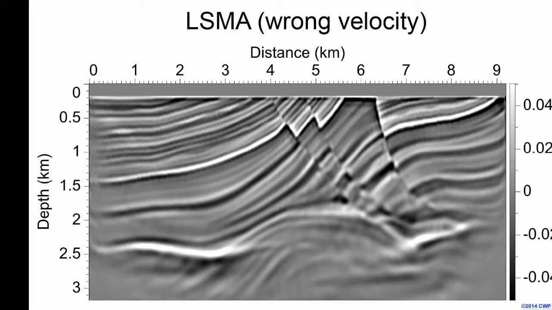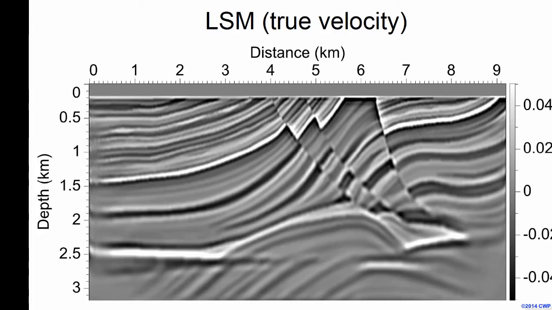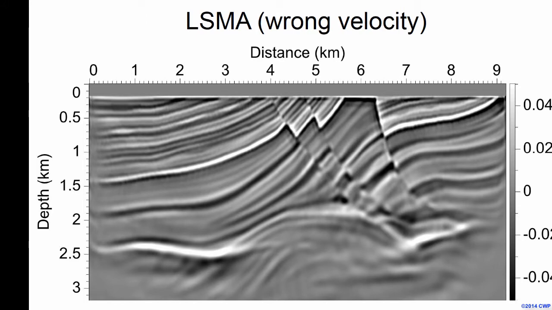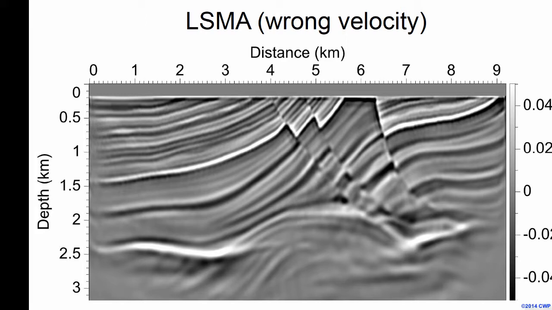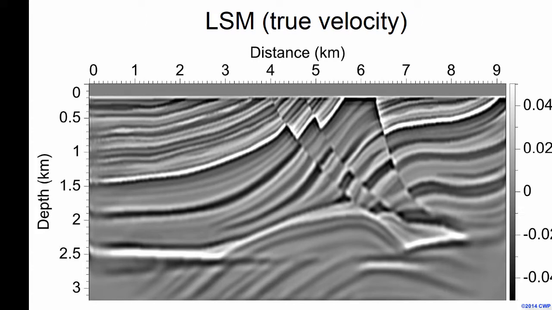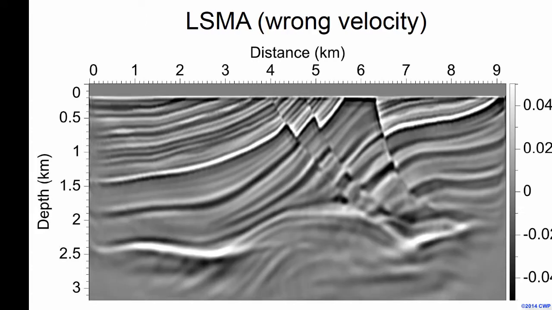What's more, if I compare this to the least squares image computed for the correct velocity, we can see the same features in both images, except the features in the amplitude-only image are shifted with respect to the features for the image computed in the correct velocity. For example, at 4 kilometers, the reflector shifts up with respect to this image for the correct velocity, whereas at 6 kilometers, the reflectors tend to shift down. And this is just a reflection of the velocity errors that we have.